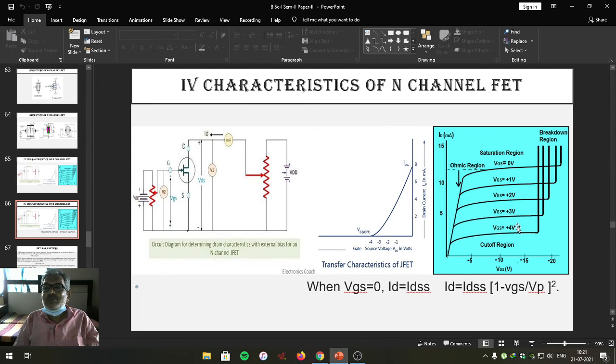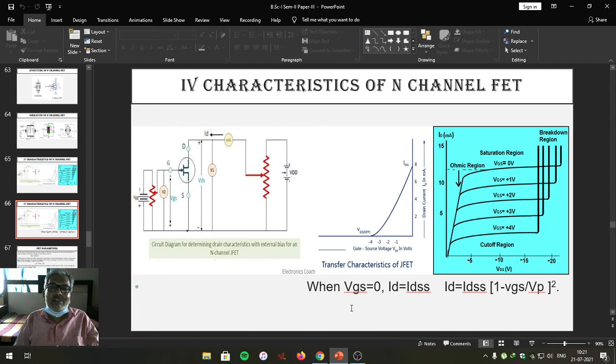So that's why when VGS is 0, channel width is more, current is maximum. And when VGS changes from -1, -2, -3 because of reverse bias, current goes on decreasing. This output IV characteristic explains the entire working of field effect transistor.